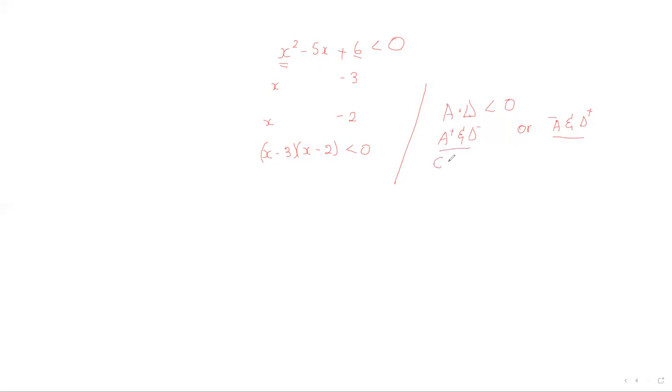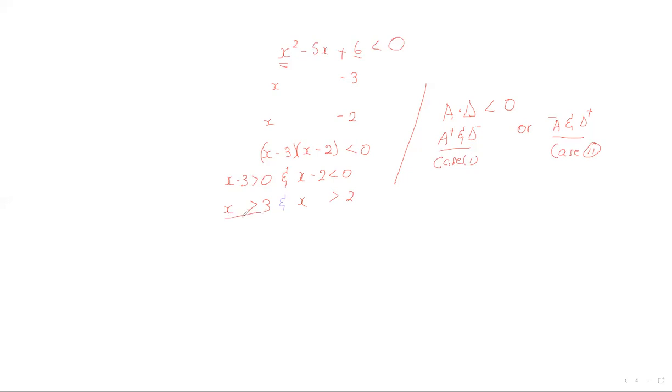So we're going to look at this case and that case. Let's call this case 1, and we'll call this case 2. With case 1, the first one is positive, so x minus 3 is positive, and x minus 2 is negative. Here we have x is greater than 3, and x is greater than 2.